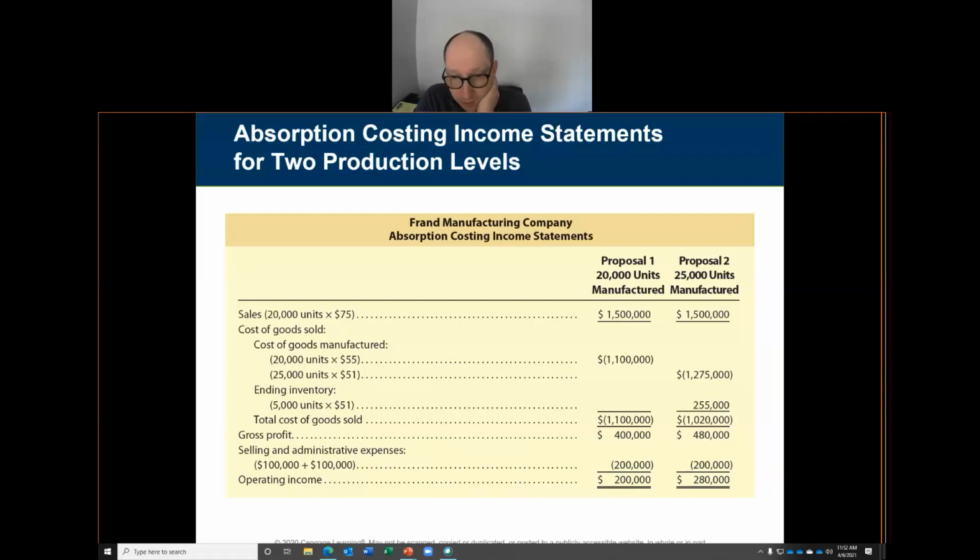Either way, I still only sold 20,000 units. But total cost of goods sold is slightly lower under proposal 2. So sales minus cost of goods sold equals gross profit. Gross profit is higher under proposal 2 by 80,000.